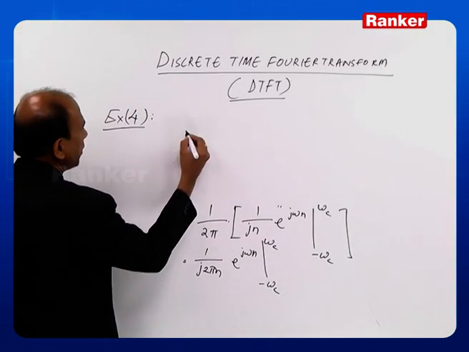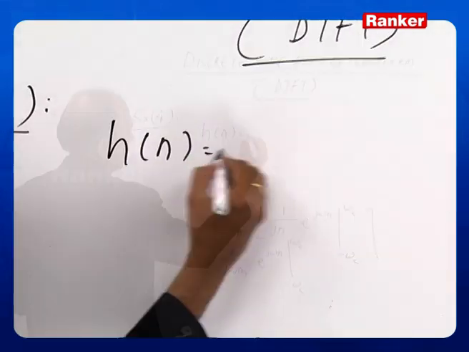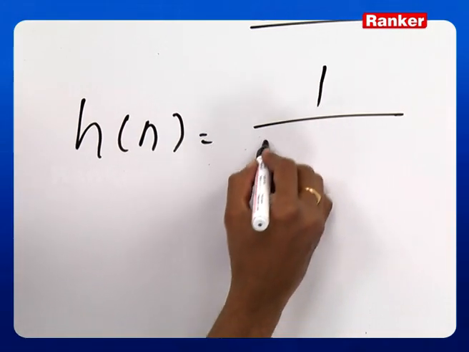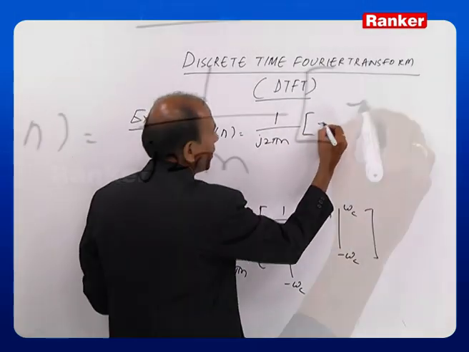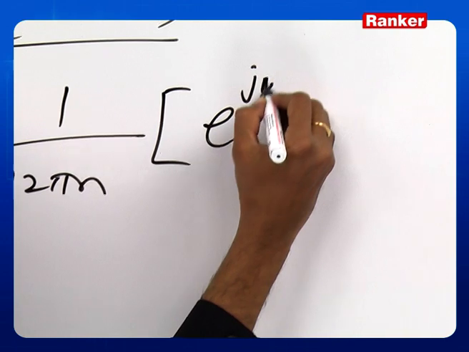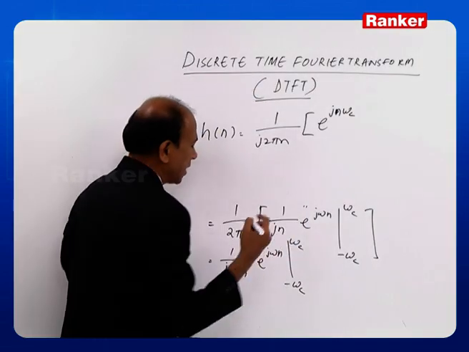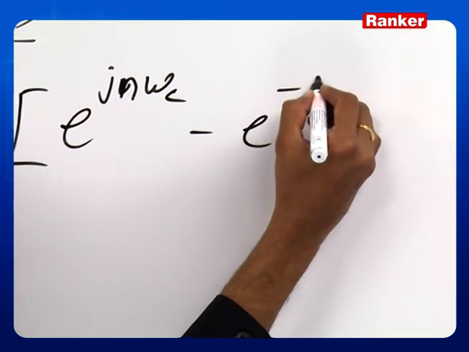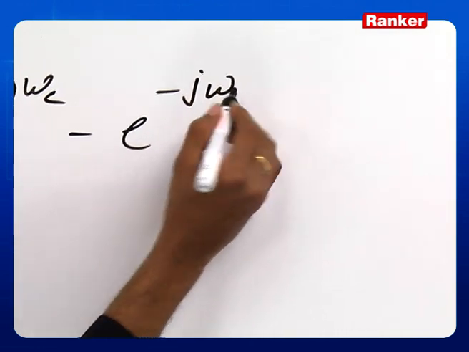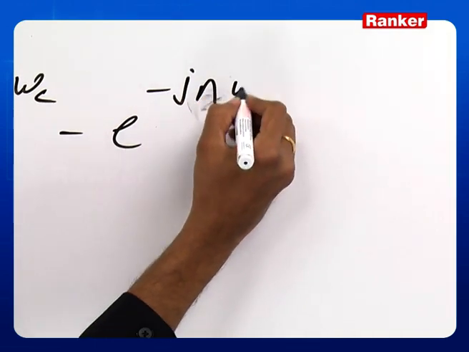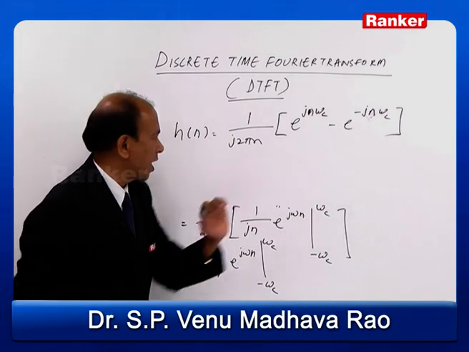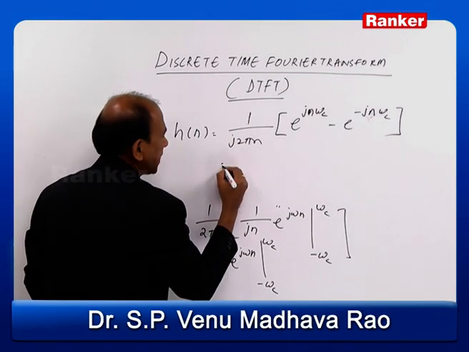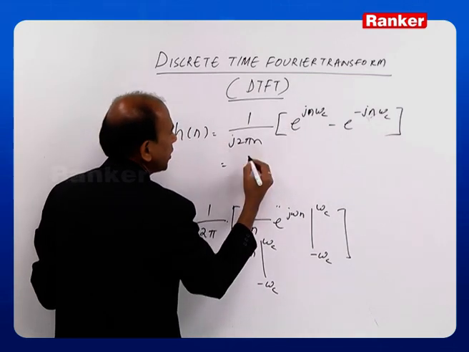So, h of n will now be equal to 1 by j 2 pi n times e to the power of j n omega c minus e to the power of minus j n omega c. What I will do is push this j 2 inside.